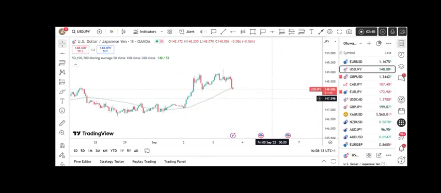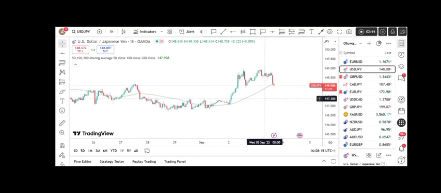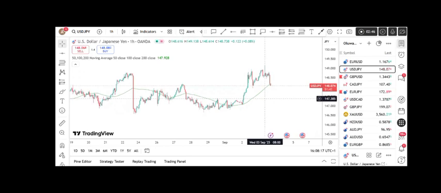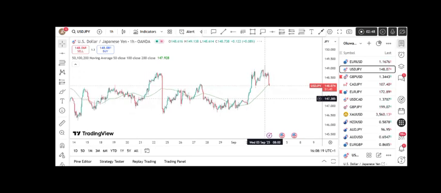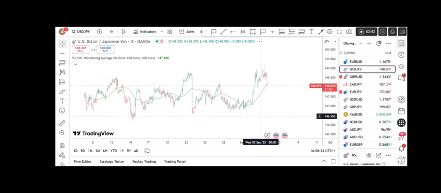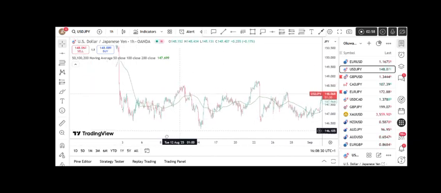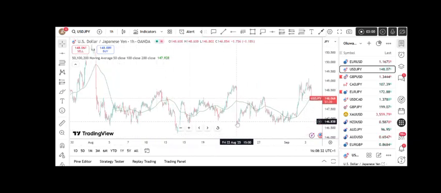So from the 50 moving average, for you to get the trend, let's zoom in our chart.